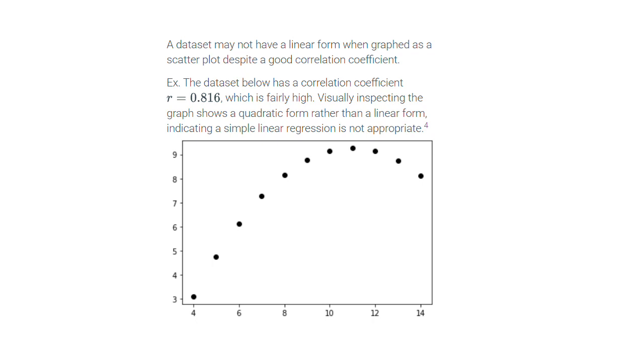For instance, in this example, the correlation coefficient equals 0.81. However, if you plot those two variables, you can see that they do not have a linear relationship. So using a simple linear model here will not perform well.